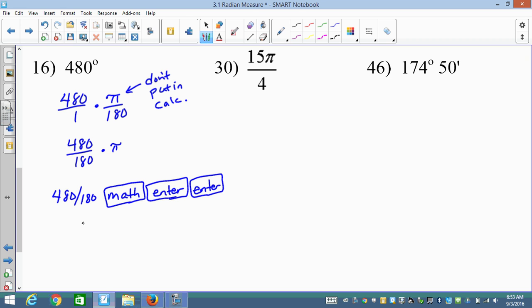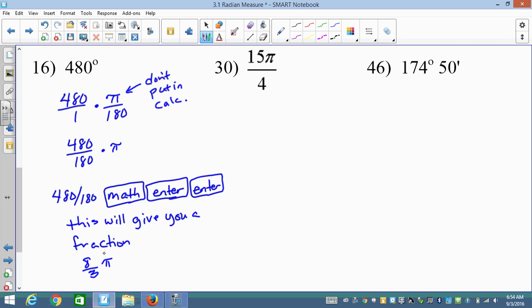This will give you a fraction. So this one's going to give you 8 over 3, and then you multiply pi to the side.